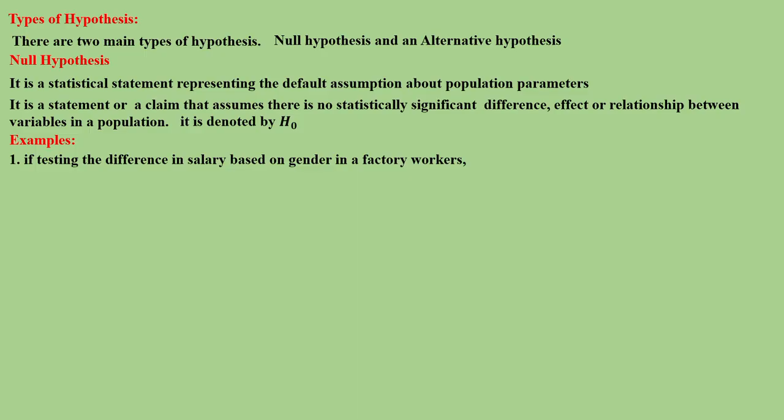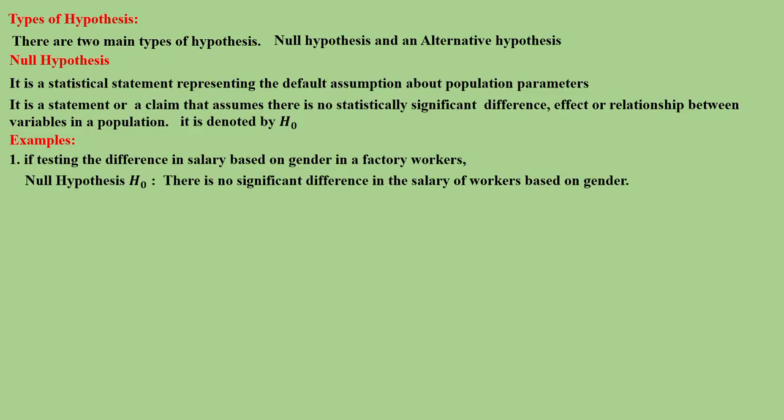If we want to test whether, due to gender difference, they get a low or high salary, we assume the null hypothesis: if it is the same category, they get the same salary. So we assume no significant difference in the salary of workers based on gender.